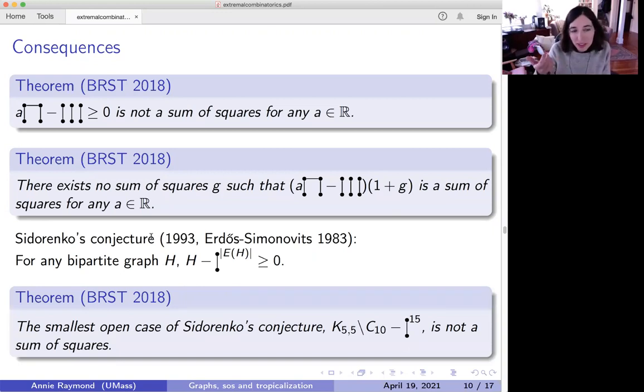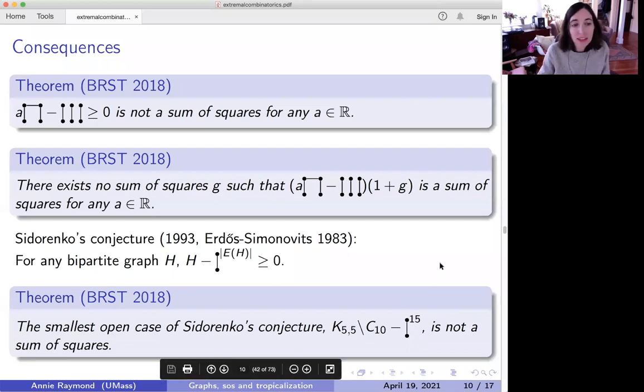And so there we have this concept of a trivial square. If the only way that I can write H as a square is by fully labeling H and squaring it, if there's no other partial labeling that will work, then there will not be a sum of squares proof. And for example, for the smallest open case of Sidorenko's conjecture, that is the case.